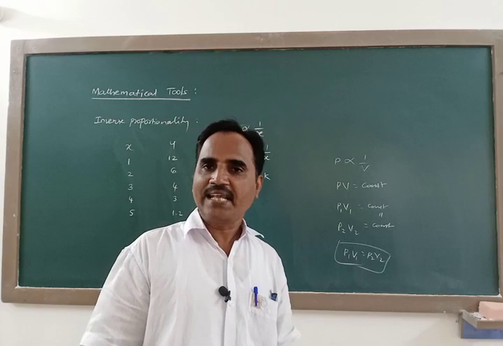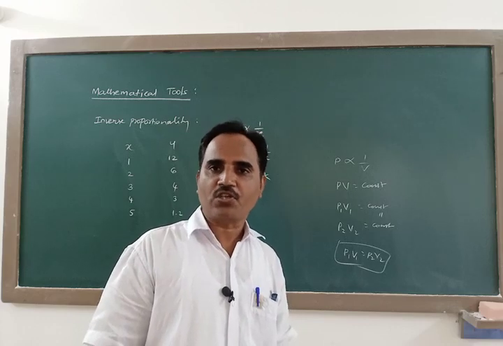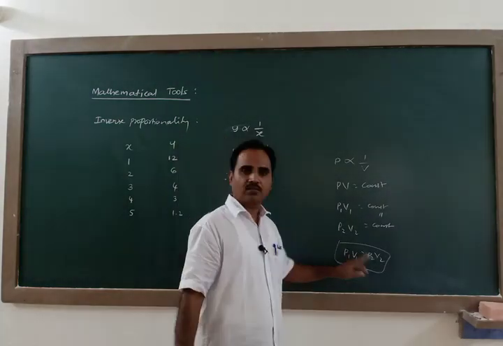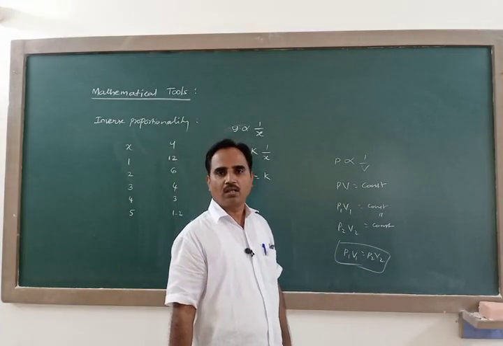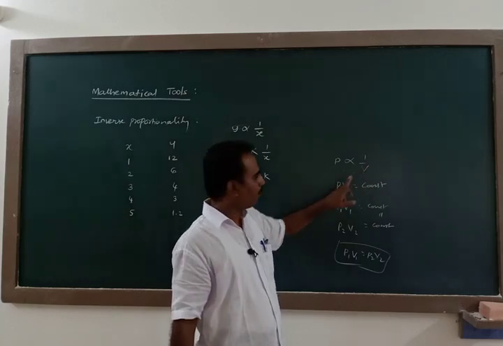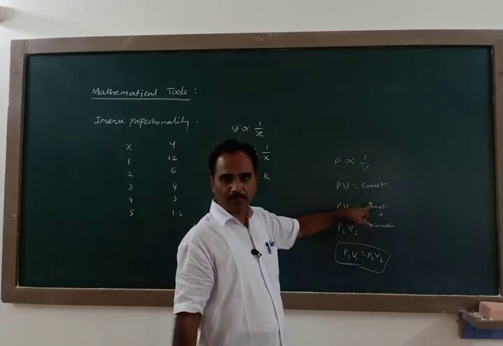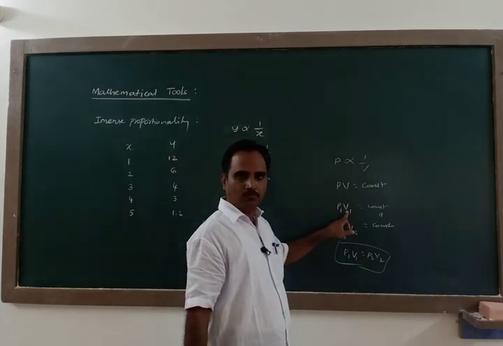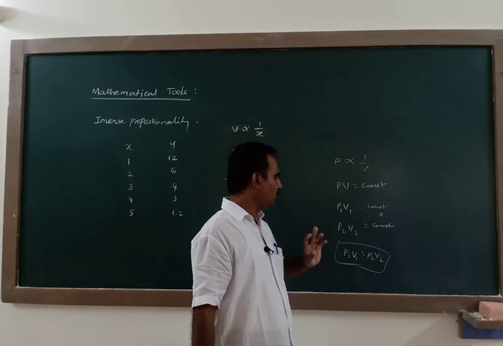While studying these gas laws in physics as well as in chemistry, we write equations like this. P is inversely proportional to V according to Boyle's law, therefore PV is a constant. At one particular pressure P1, V1 is the volume, so therefore P1V1 is a constant.